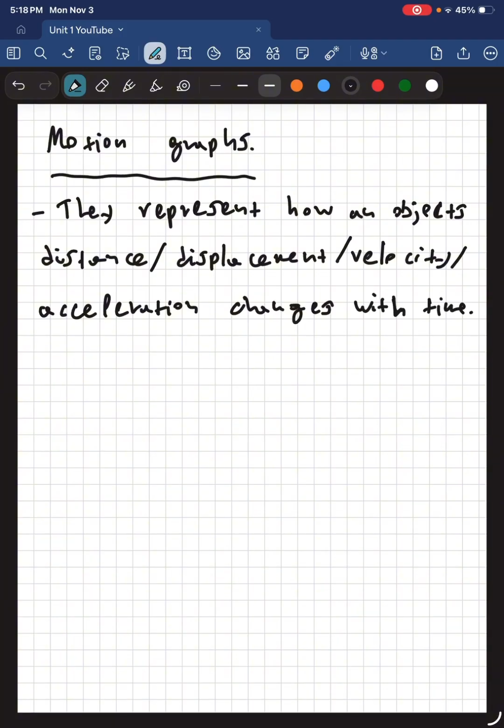So in that sense, there are only 4 motion graphs. I mean, there are more for those of you who are going to go study physics and such, but here in the A-level, the AS level actually, we will only study 4, okay? So displacement-time, distance-time, velocity-time, and acceleration-time, okay?